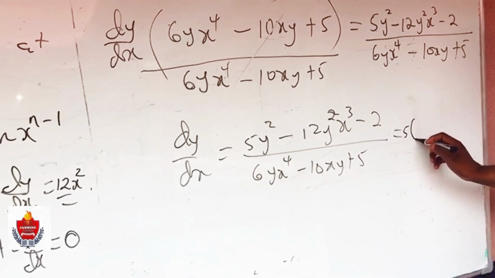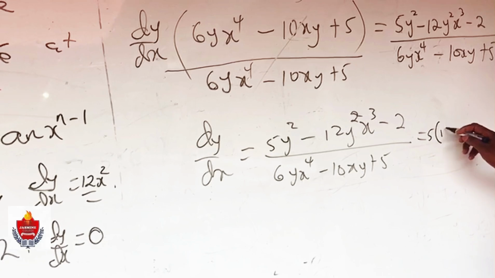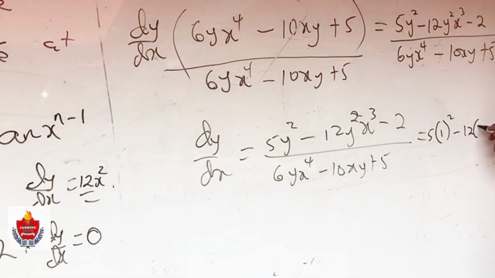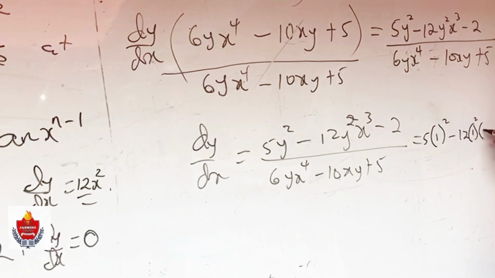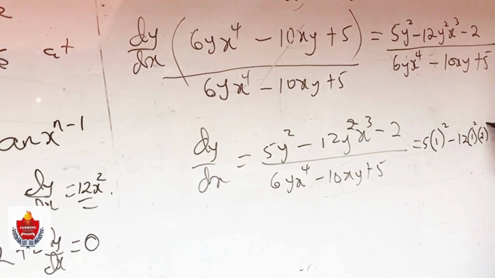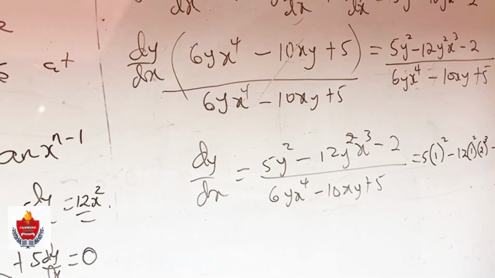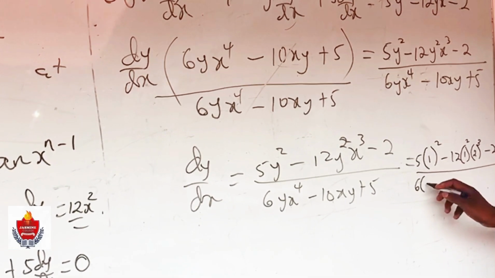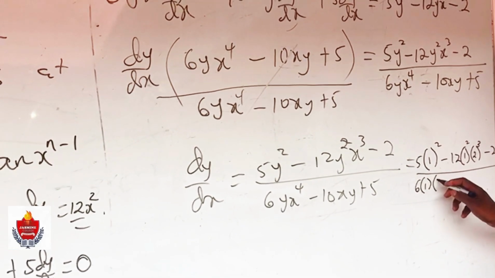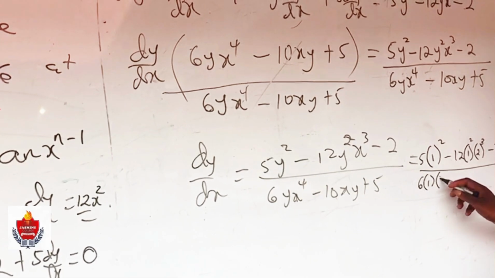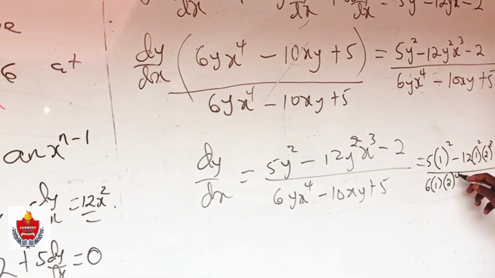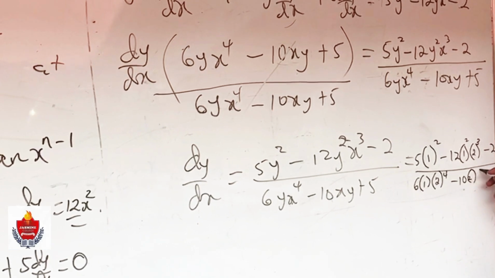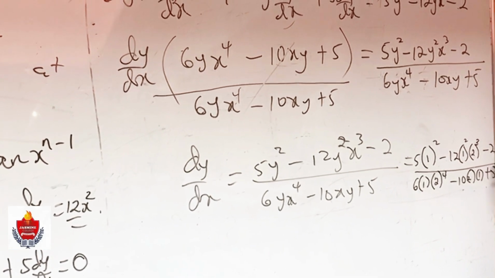And then we have 5 brackets, the value of y over there is 1 squared, minus 12 brackets 1 squared, 2 cubed, minus 2, all over 6 brackets the value of y, which is 1, the value of x raised to power 4, we have 2 raised to power 4, minus 10 into 2 into 1, plus 5.